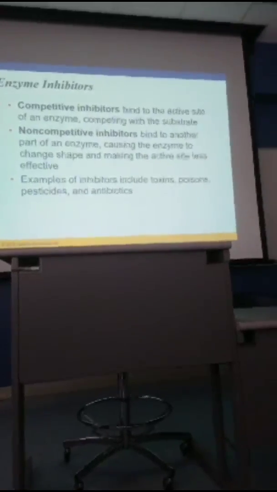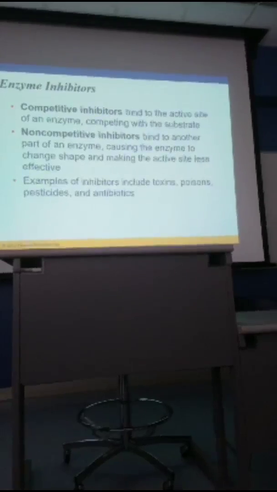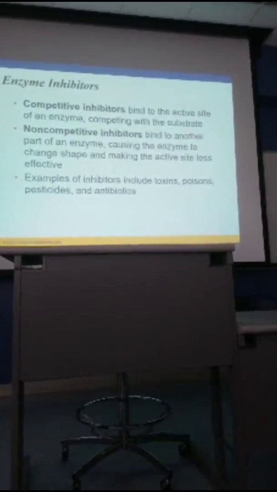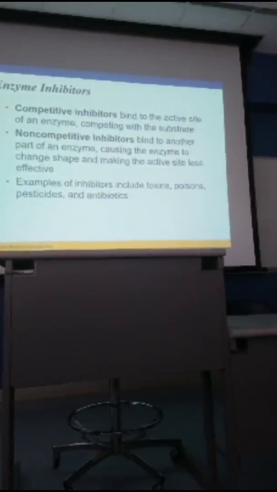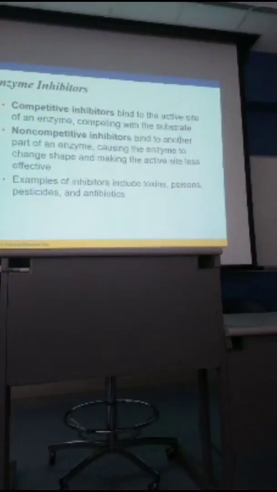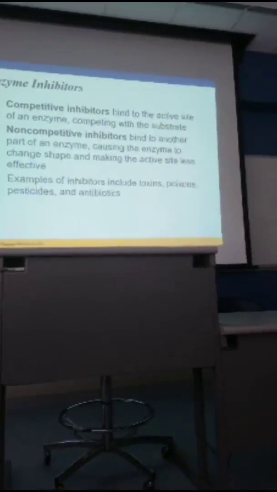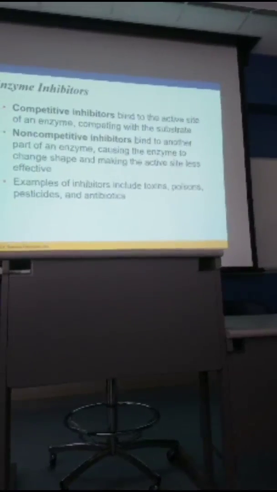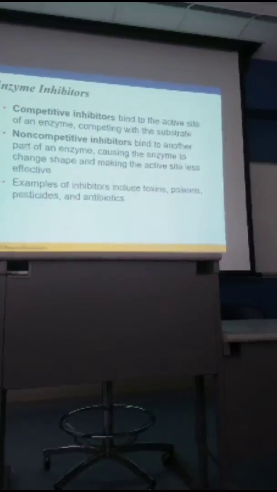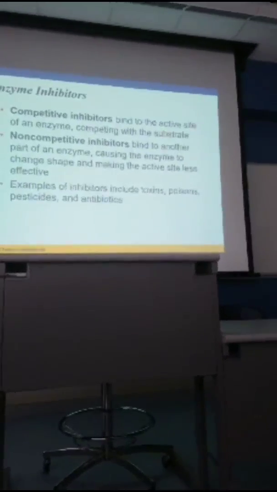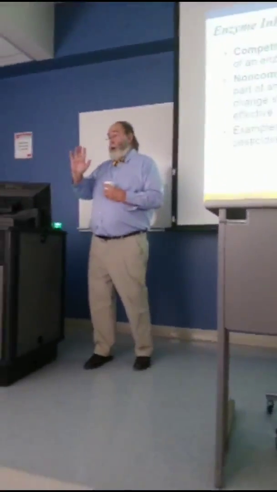Your body has a need to be able to control the action of an enzyme to make it work or to make it stop. Competitive inhibitors bind to the active site of an enzyme, competing with the substrate. So let's say you've got an enzyme that's doing too much of what it's supposed to be doing. Your body can produce another little substrate that's not like the real one, but will bond to the site and block it so the one that's coming in can't get to it.